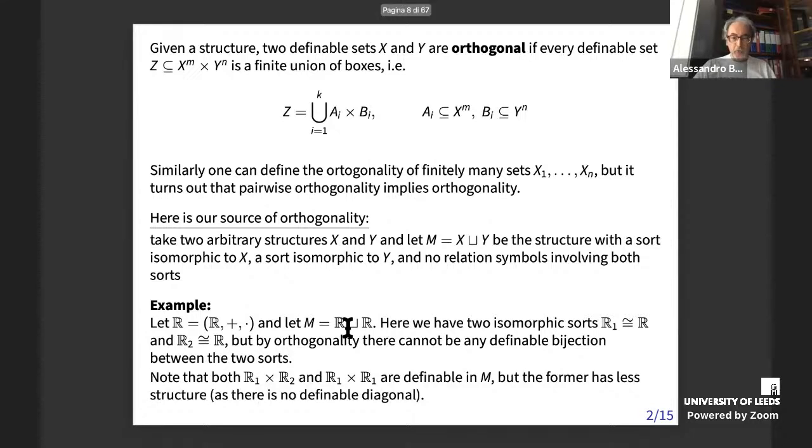So for instance, if you consider R1 times R2, a product of the first and the second sort, or a product of the first sort with itself, they are both definable in this two-sorted structure, but the former has less structure than the second because there is no diagonal. You cannot define the diagonal because you would need a definable bijection between the two.